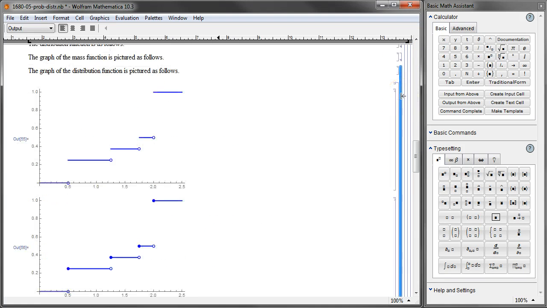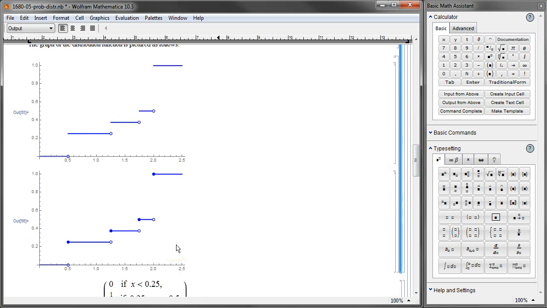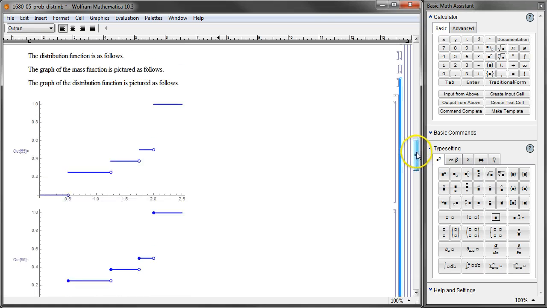Here is the cumulative distribution function. And I prefer the second graph better, because you can clearly see which point is an empty slot and which point is included. Solid is included. Hollow dot is punctured out.